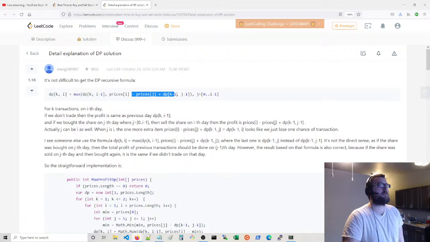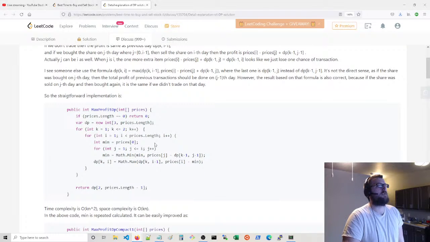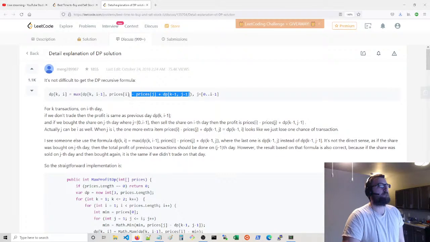You're trying to minimize this part, and you're trying to maximize this. So minimize this piece. You minimize this piece, then you maximize this whole thing, which is what you're trying to maximize here.